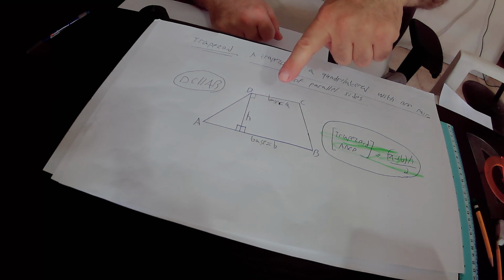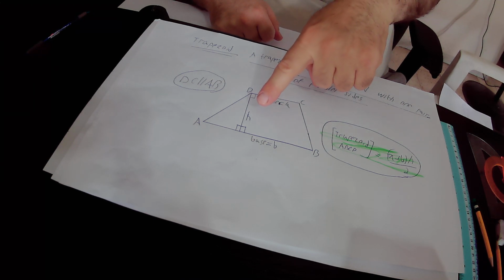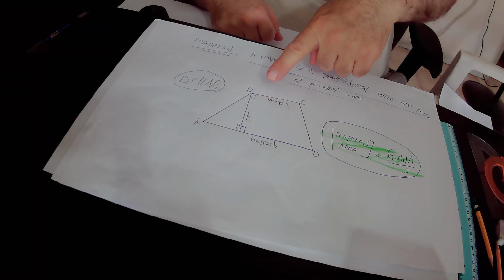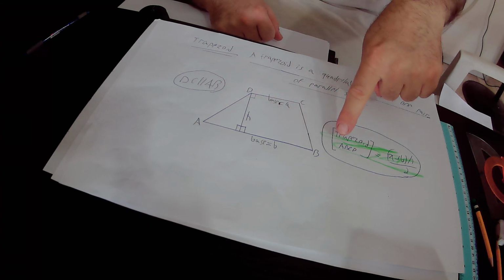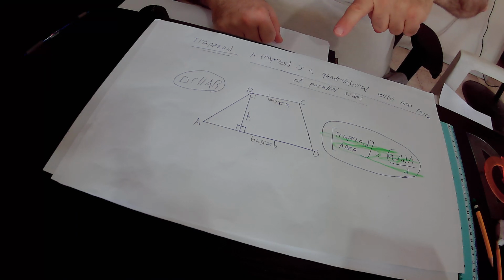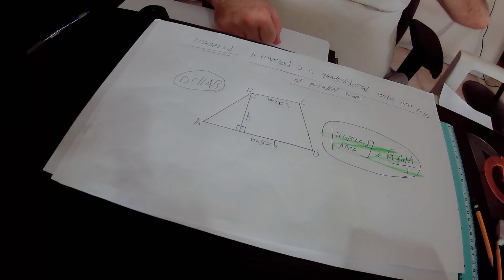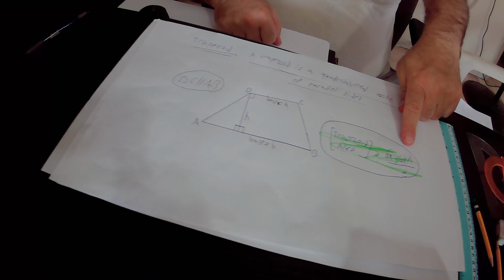The height h must create 90 degrees with the two bases. Here, the height h creates 90 degrees with the base DC, and also 90 degrees with the base AB. So again, the area equals A plus B times h over 2.